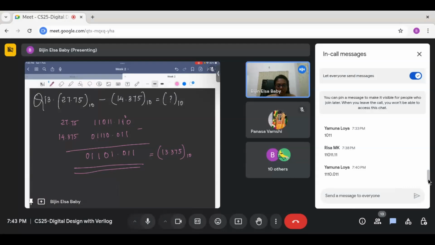Here it will be 0, 0 minus 1, 1, borrow bit, 0, 0 minus 0, 0. Then here it is 1, 1 minus 1, 0, 0 minus borrow, 0 minus 1 will be 1, and borrow. Here 0 minus 1 will be 1, last will be 0. All of you got it? All of you got the answer? Okay, shall we move to the next question?